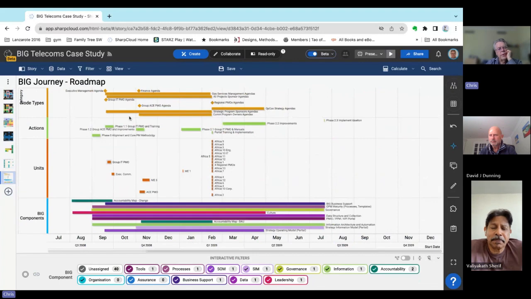And this slide really puts together how it worked on a time basis. And I think the important thing here is that we had a lot of different accountability nodes, PMOs, etc., that needed to be brought into this.